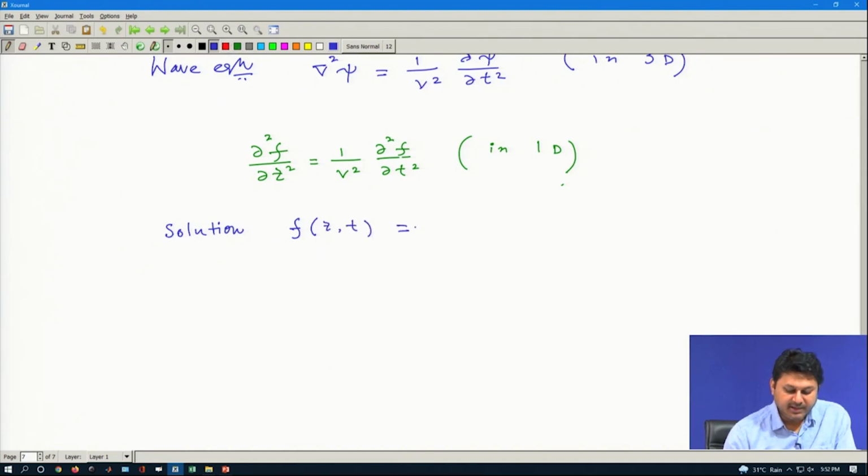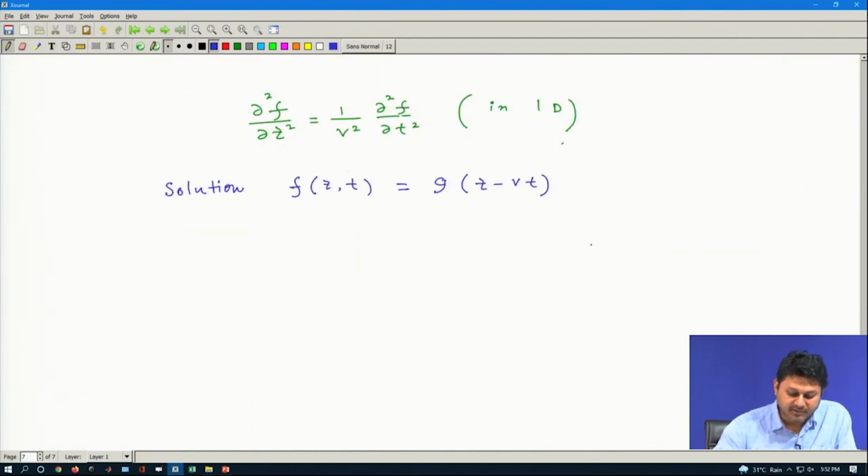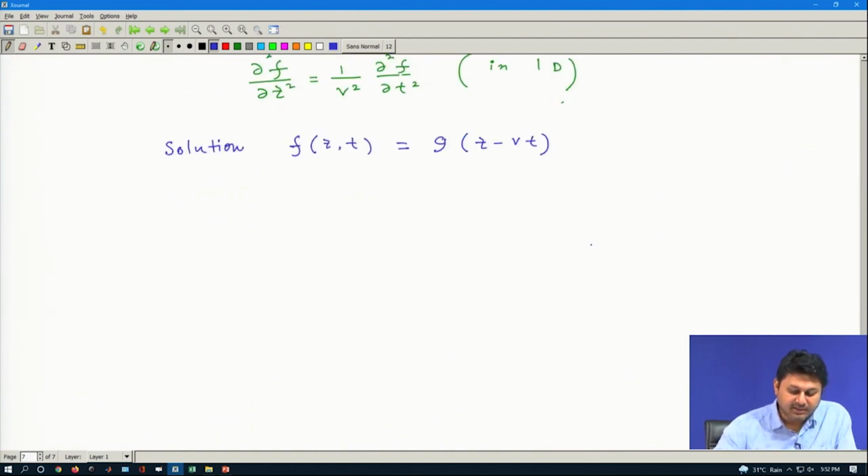At any point z and t, I can write in a compact way a function of z minus Vt. Instead of writing z, t separately, I can write in a compact way z minus Vt, and that tells me that this is a solution. I can write this variable, I simply write g(m), say, where m is z minus Vt.